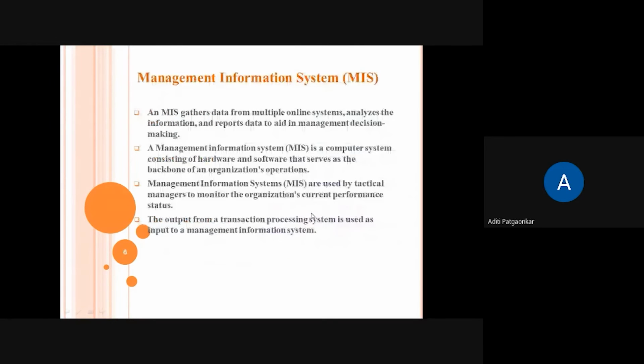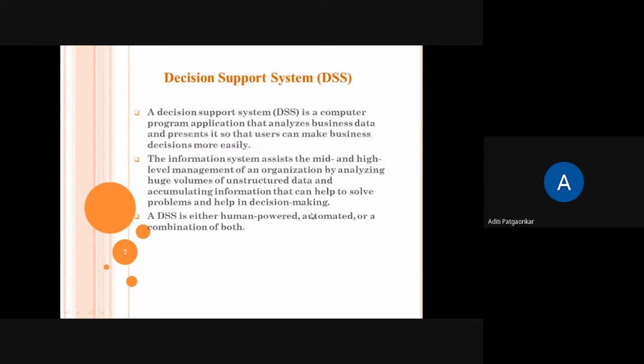The next level that we have just seen, the decision support system, is another very important system. The next higher level of MIS is the DSS, the decision support system. This level is used by senior managers of the organization, and it is a computer program application that analyzes business data and presents it so that users can make decisions more easily.